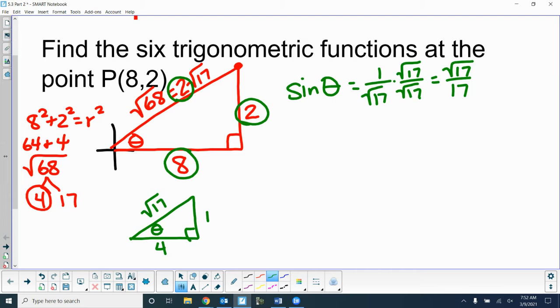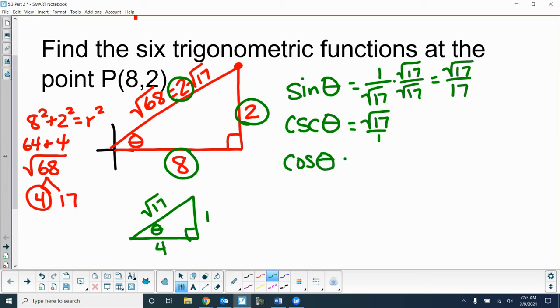What's the reciprocal of sine? Does one of you in here know? You can tell me. Cosecant, thank you. So square root of 17 over 1, which is the square root of 17.